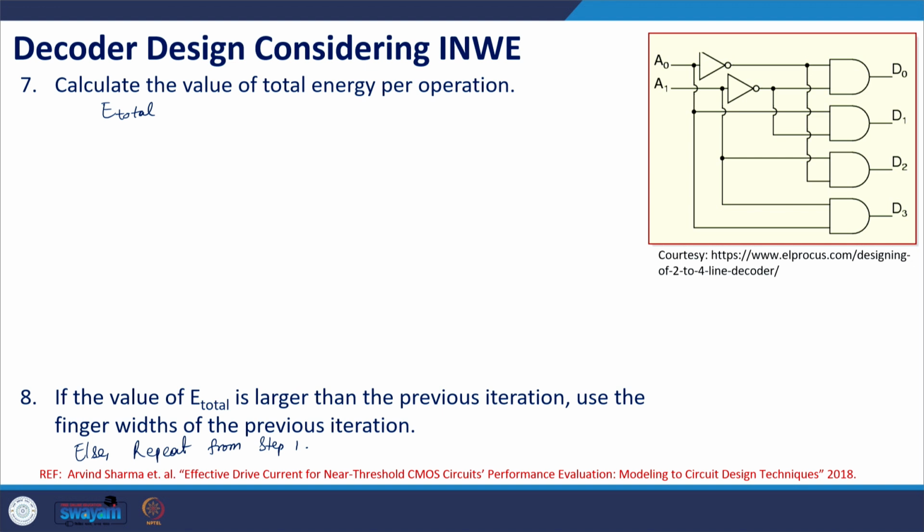So, in this lecture we have discussed a method to minimize the delays of near threshold voltage decoder while minimizing energy also. We have used inverse narrow width effect in this method. Thank you.